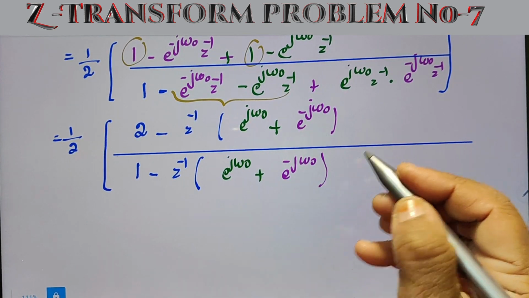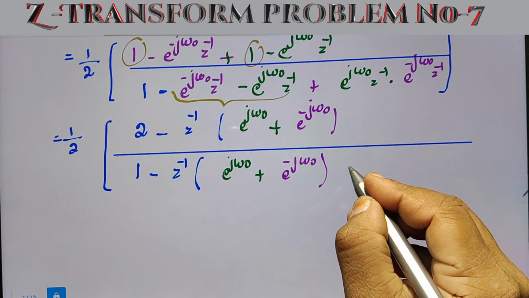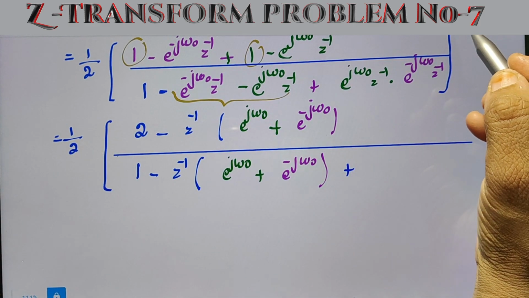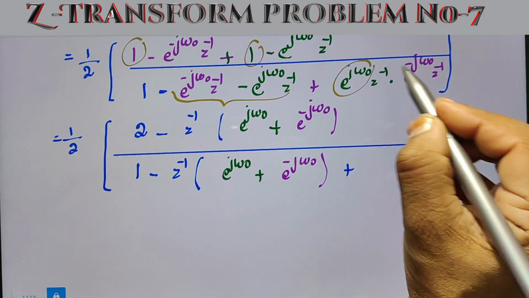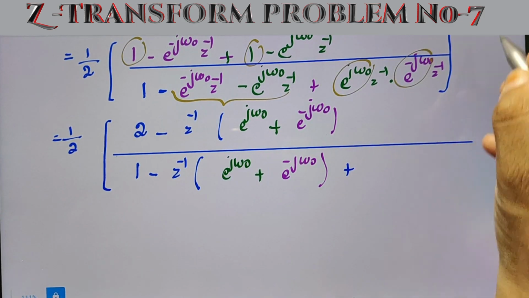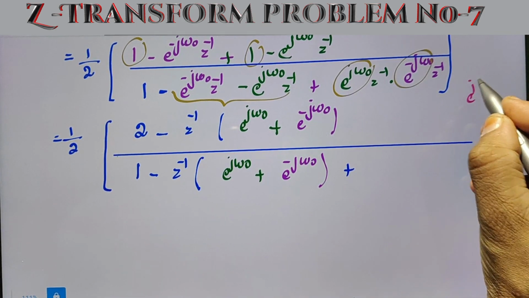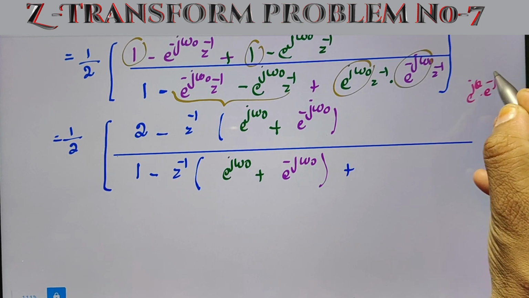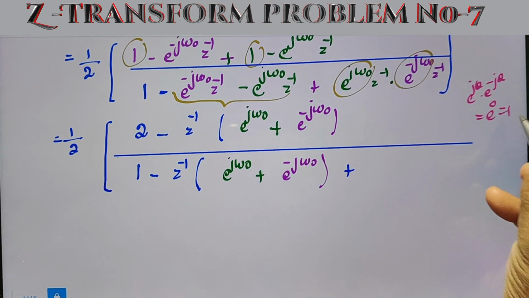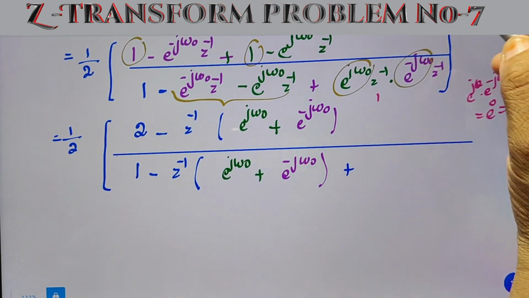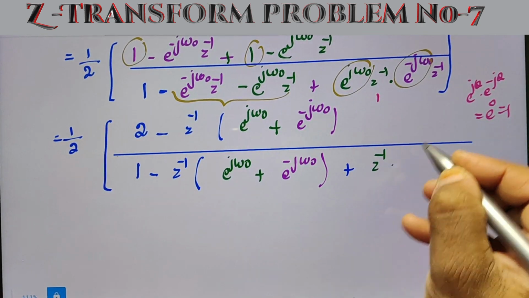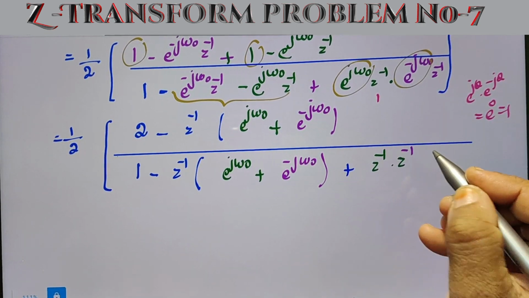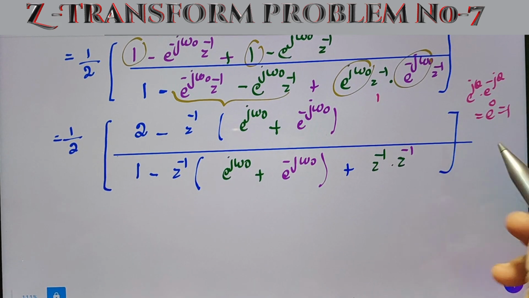Then close the bracket. Then the plus term, that is e power j theta and e power minus j theta, which equals e power 0 equal to 1. So the whole term is 1. Write the remaining term z inverse and again z inverse. Then close the bracket.